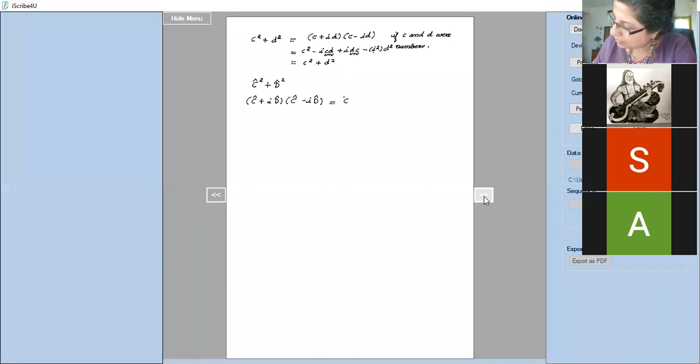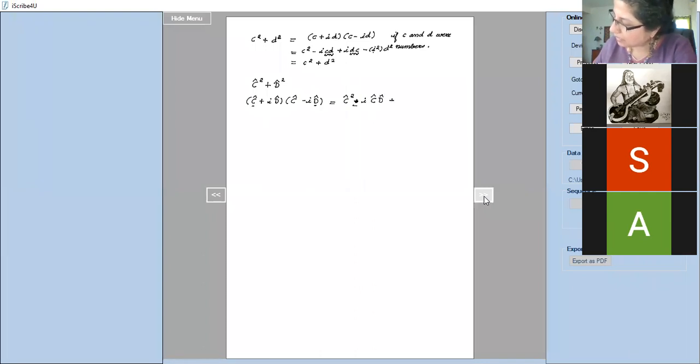I will get C square plus i, first C will come and then D will come, right? So I should have written minus. So this is minus iCD.